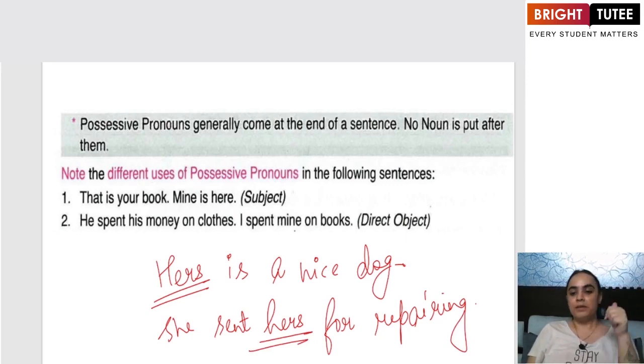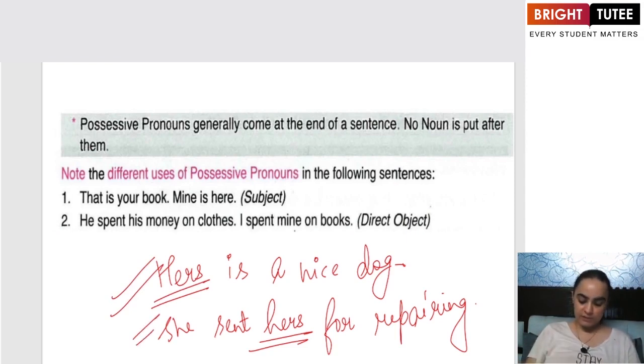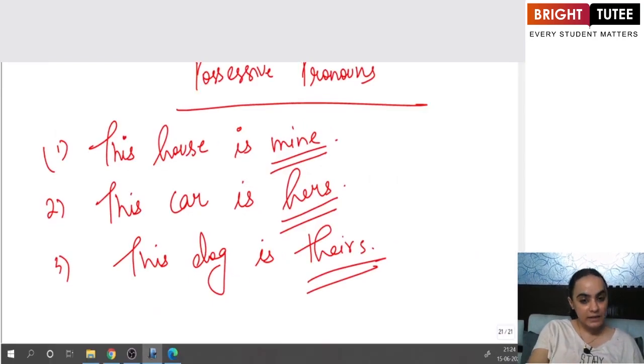Why? Because in the first sentence, the possessive pronoun is playing the role of a subject. And in the second sentence, the possessive pronoun is playing the role of a direct object. So when the possessive pronoun comes in the place of subject or in the place of a direct object, it will either come at the beginning or in the middle of the sentence.